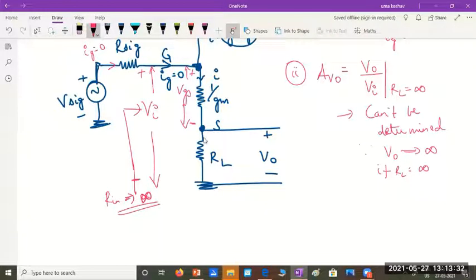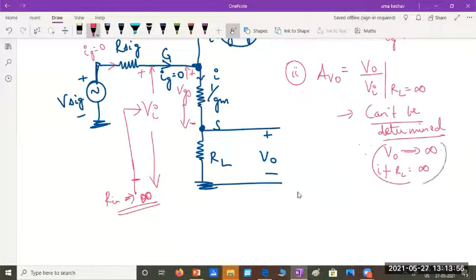If I open circuit this, it means there is a very high resistance here, because current can't flow through that open circuit. Open circuit always means a very high resistance. And if I have that, how will I measure the voltage? I'll not be able to measure the voltage. So you just say it can't be determined.